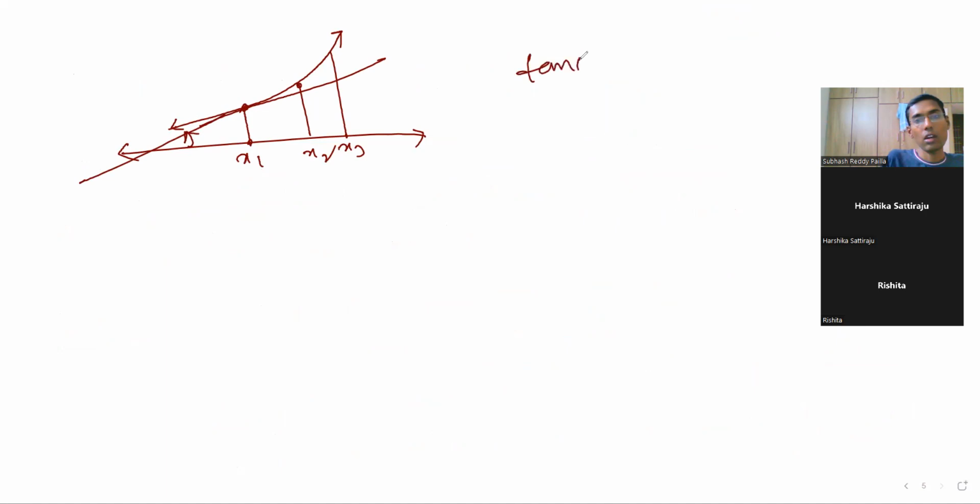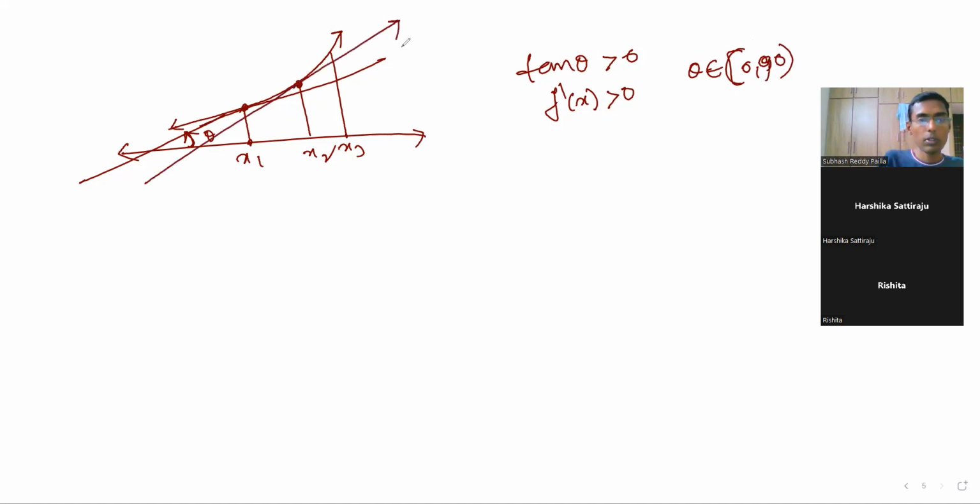Tan theta, greater than 0, yes or no? Yes, it's greater than 0, because theta belongs to 0 to 90 degrees. Slope of the tangent is the tan theta formula.